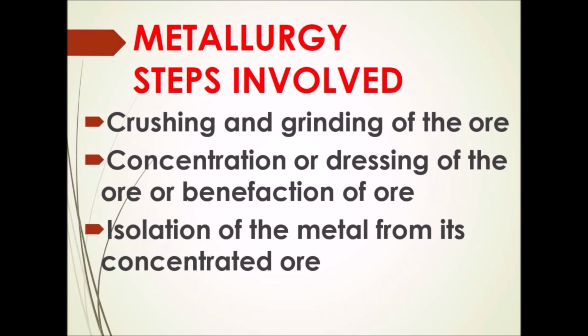I think you have already studied in the previous video how to convert the concentrated ore into metal oxides, that is by roasting and calcination. Once the metal is in oxide form, the next step is reduction of this metal oxide to metal. This is done by a suitable reducing agent, by the electrolytic method, or just by thermal reduction.